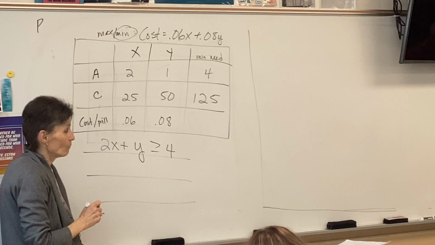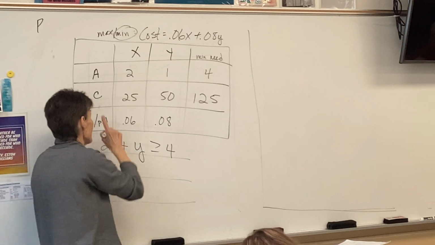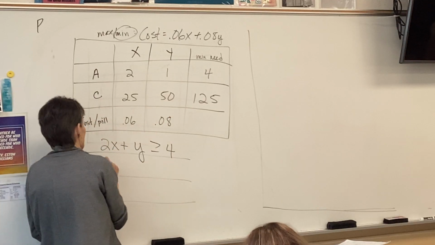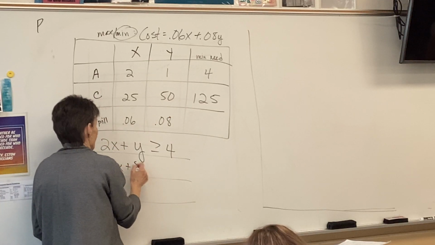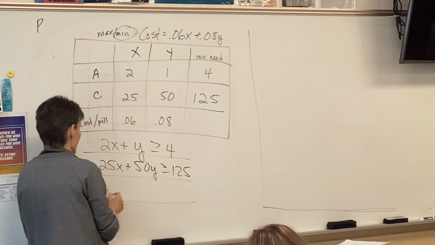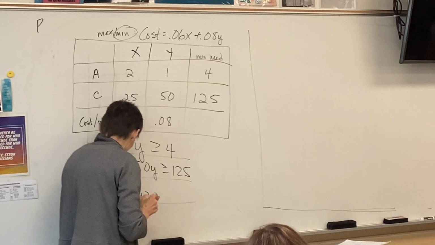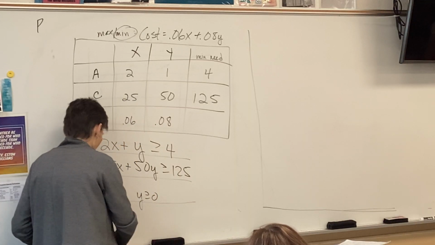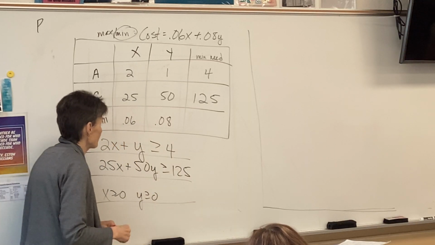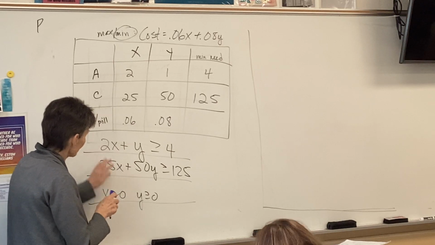He can have more than 4. All right, what about the next constraint? 25 plus 50. Yep. And of course, can't have negative pills, so X and Y are both positive. All right, I'm gonna use a regular scale.